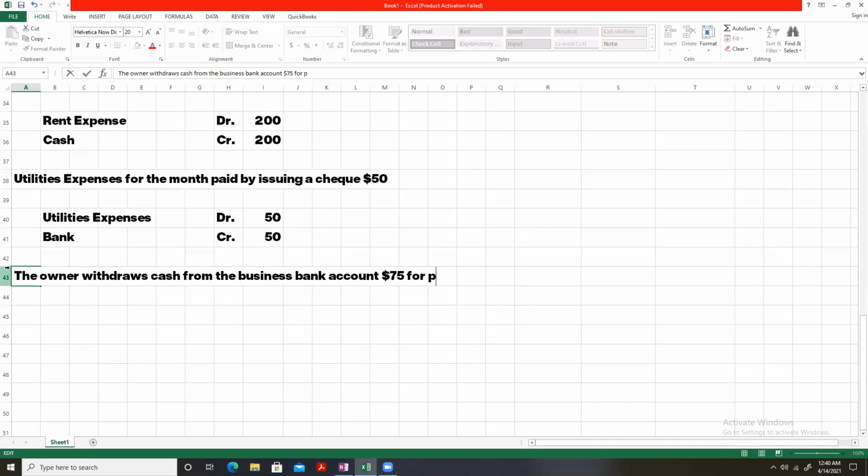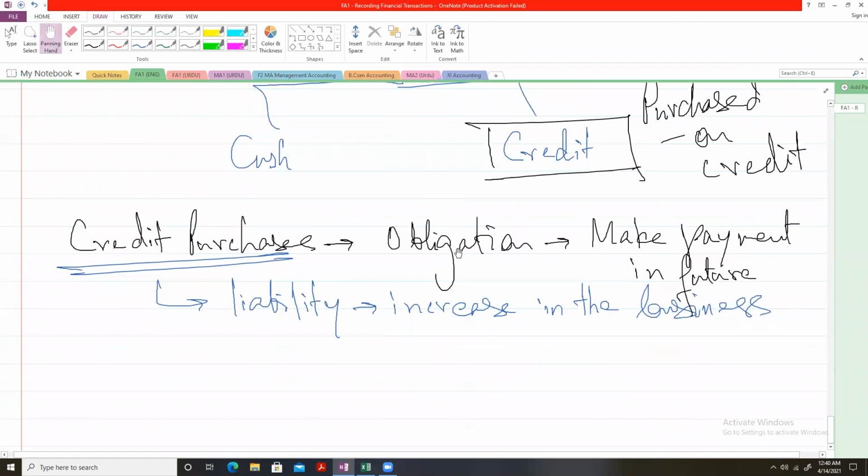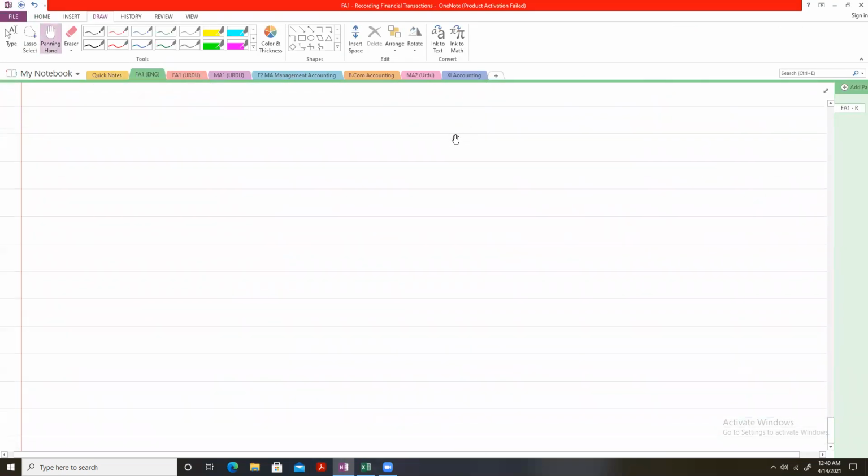Now, I also told you that whenever we do accounting, an owner is considered a separate entity from the business.